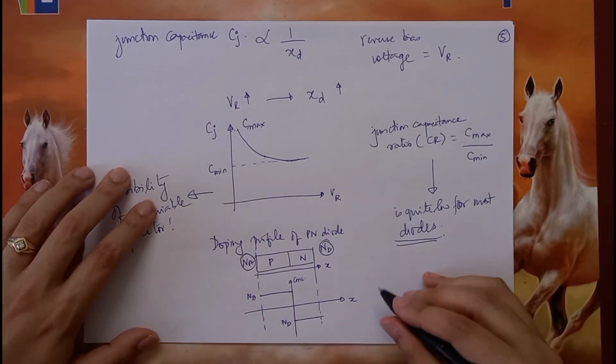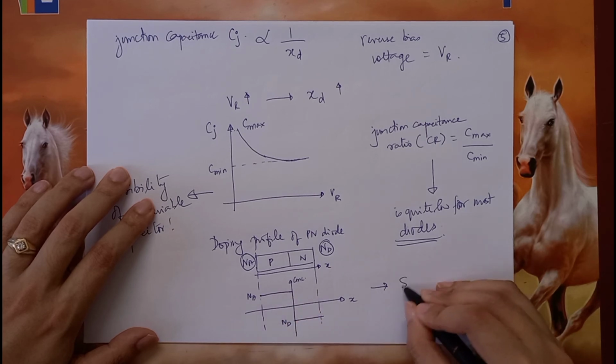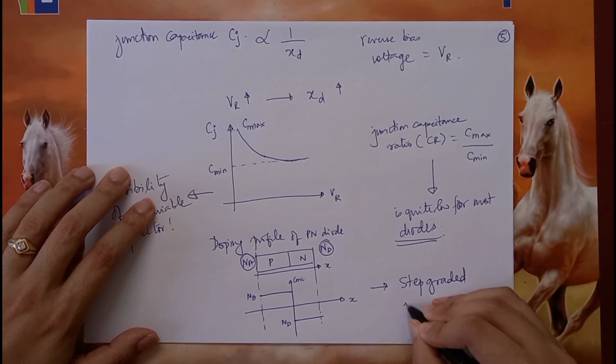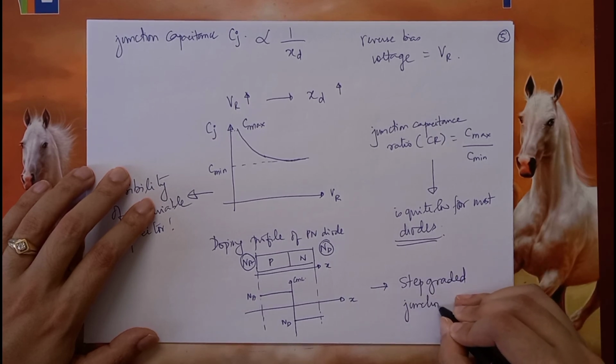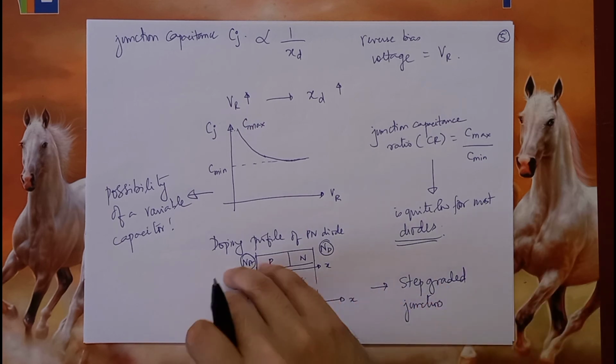This kind of junction is called a sudden step junction because you have uniform, then you have a step, and then again uniform. So this is called a step graded junction. This is what happens for most PN diodes.